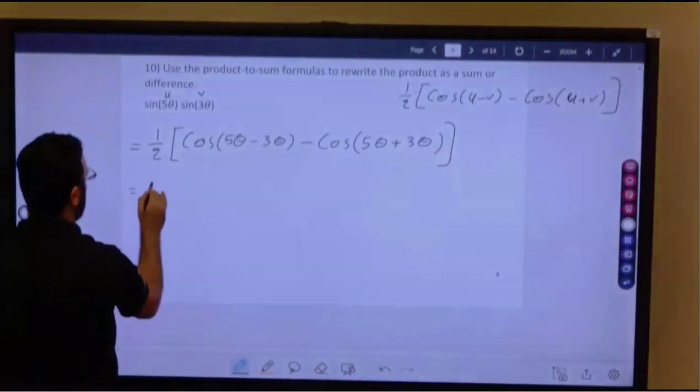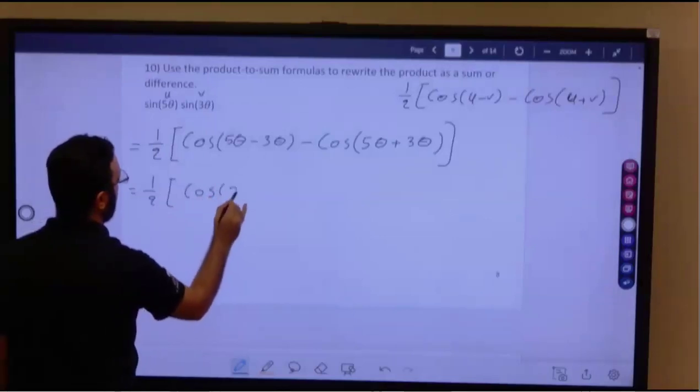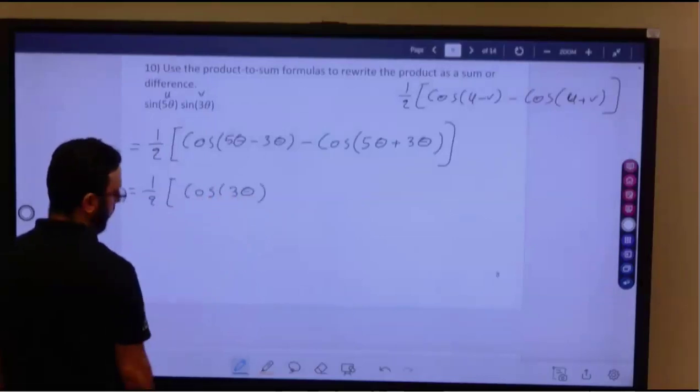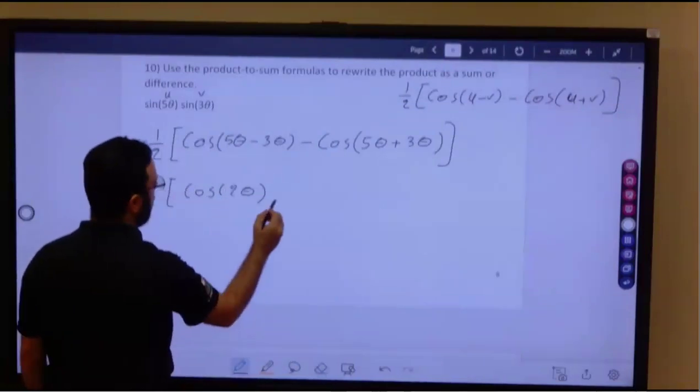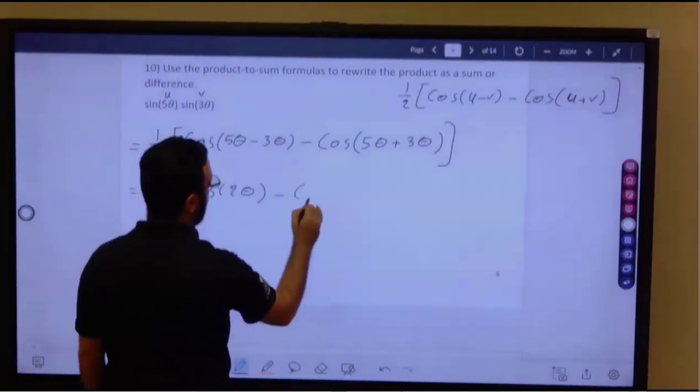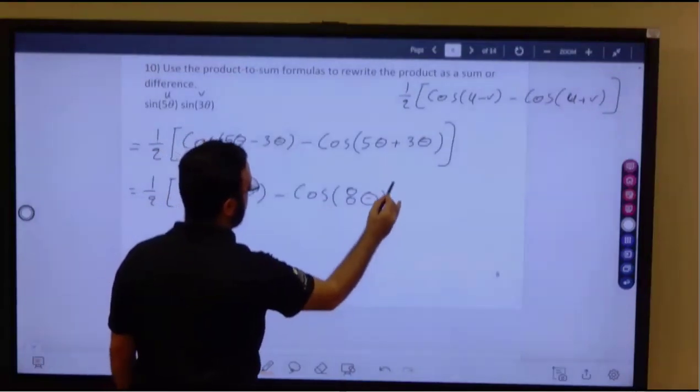That means it's going to be half cosine 2 theta minus cosine 8 theta. That's it.